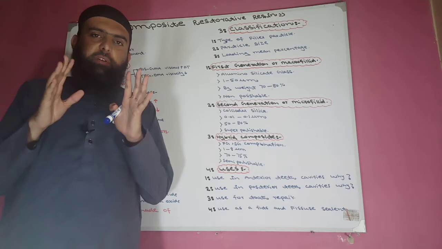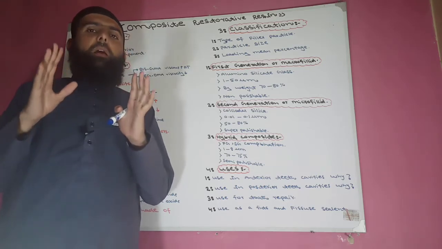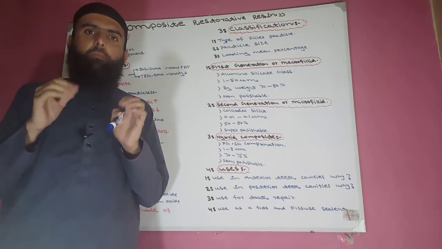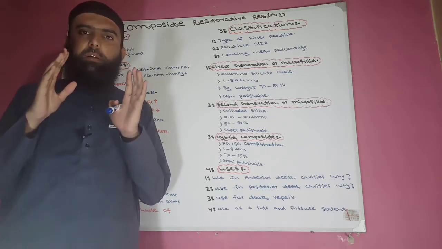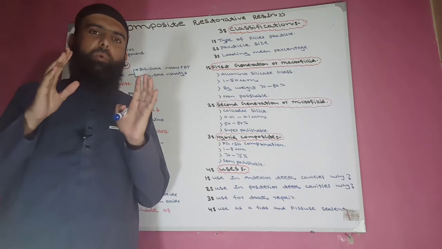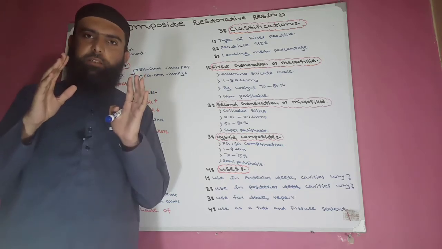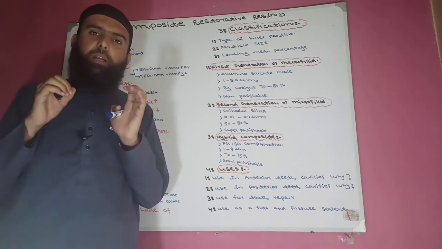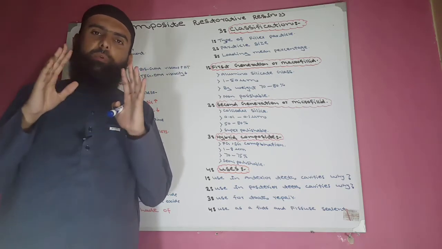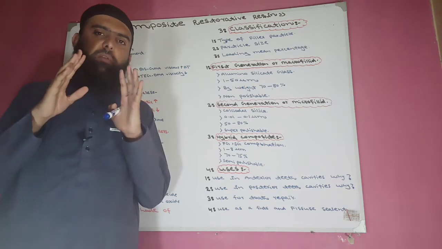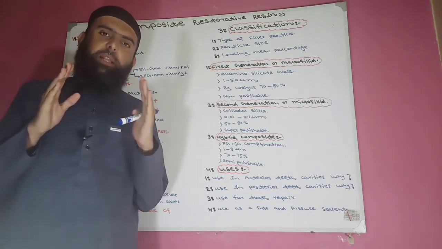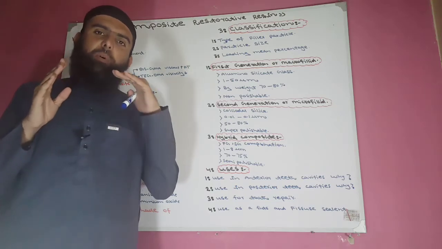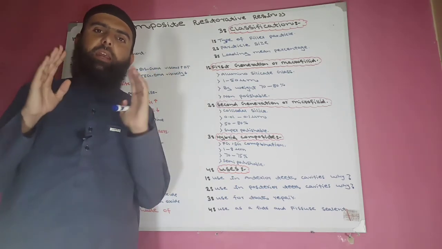Composite resin is a compound formed from two or more different components, whose properties are superior to the individual components. Meaning, when we compare the composite with those components from which it is formed, the properties of the composite are superior to the individual components.